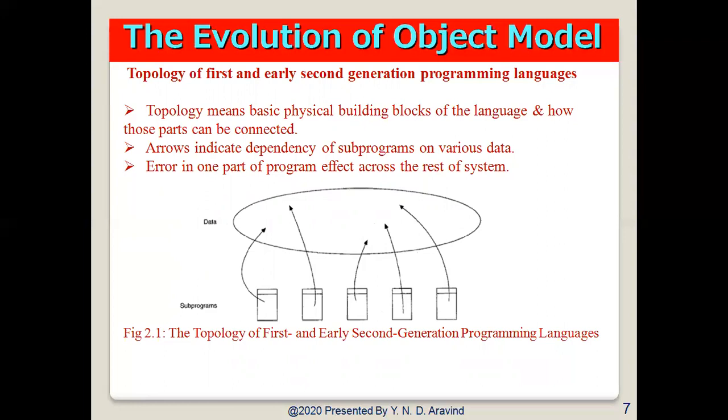For languages such as Fortran and COBOL, the physical building blocks for all applications are subprograms. Applications written in these languages exhibit only global data and subprograms. The arrows in this figure indicate dependencies of the subprograms on the various data. So an error in one part of the program can have an effect across the rest of the system because the global data structures are exposed for all subprograms to see.